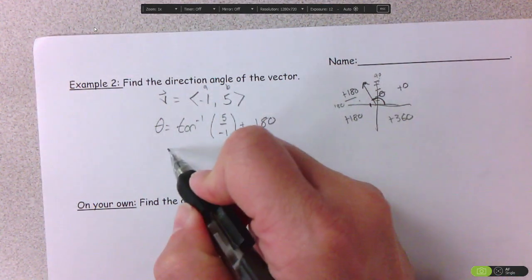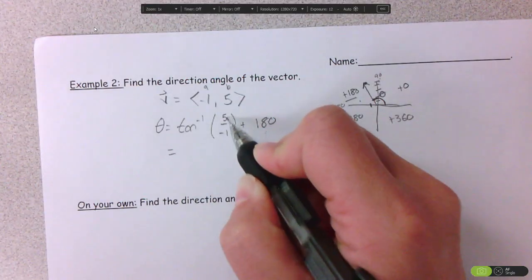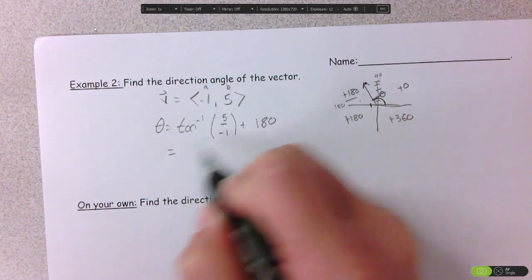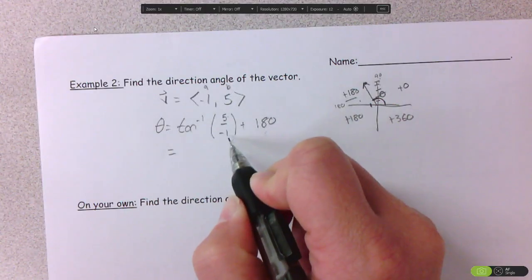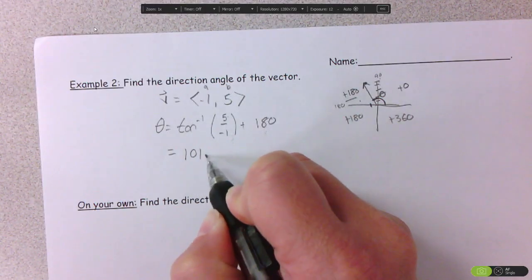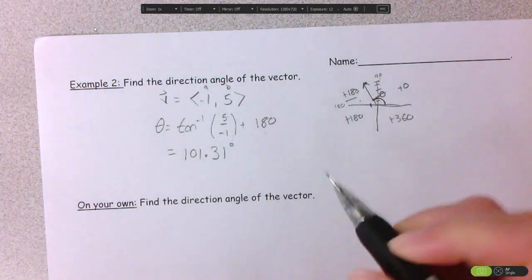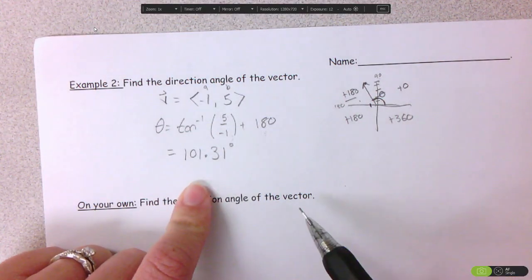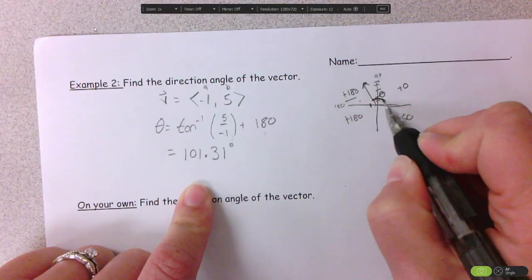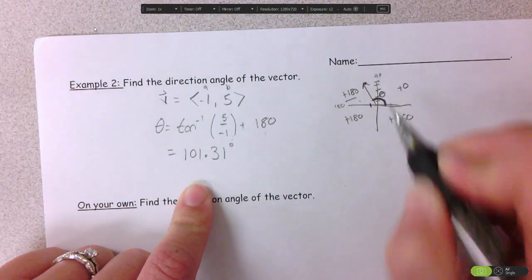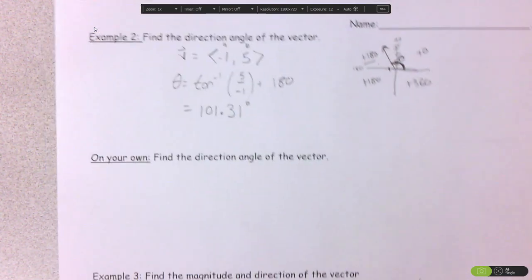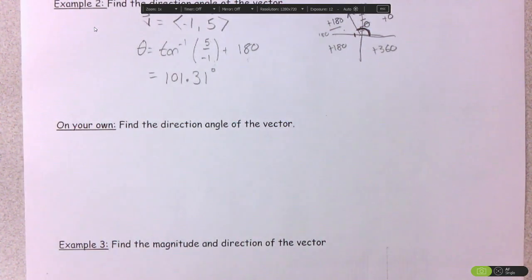So you type this in your calculator: tan inverse of 5 divided by -1, plus 180. Make sure you close the parenthesis after you do 5 divided by -1, and we get 101.31 degrees. So we know that 101 is between 90 and 180, so we're good. Okay, so this angle measure here is 101 degrees. Okay, so let's try one of those on our own.